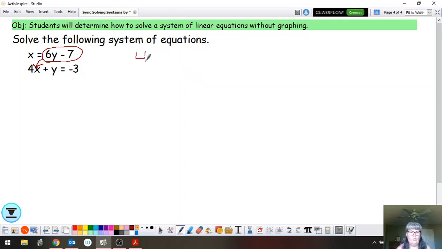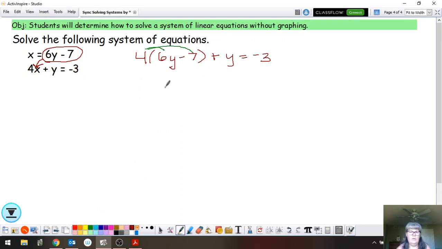So I have 4 parentheses 6y minus 7, close the parentheses, plus y equals negative 3. So what I've done is I've replaced x with the 6y minus 7, because that's the expression equal to the x. And then we can distribute 4.